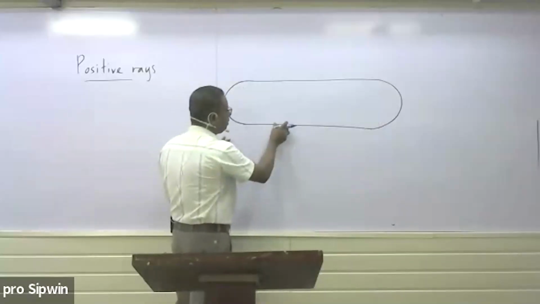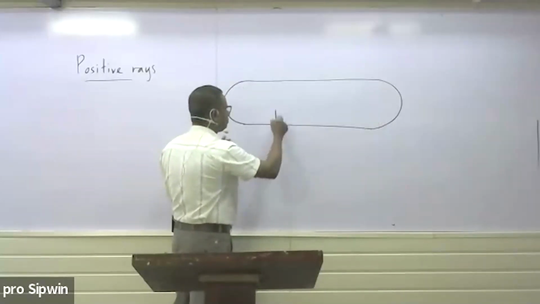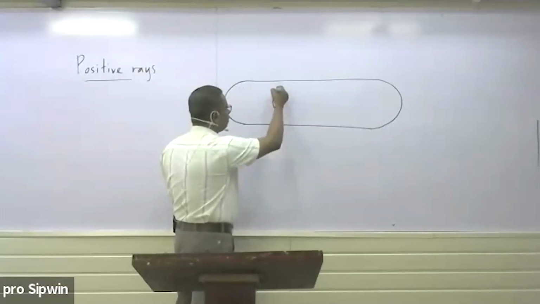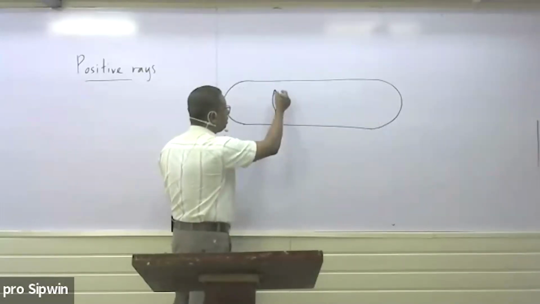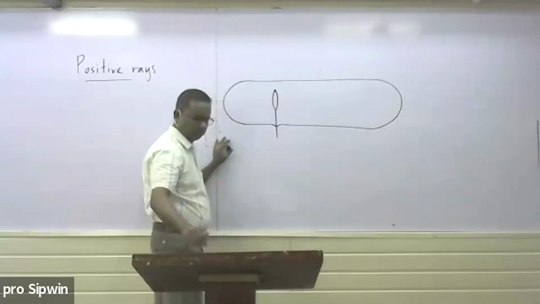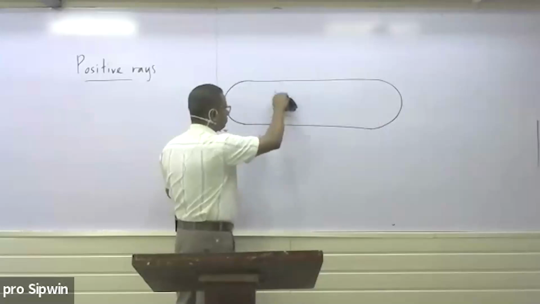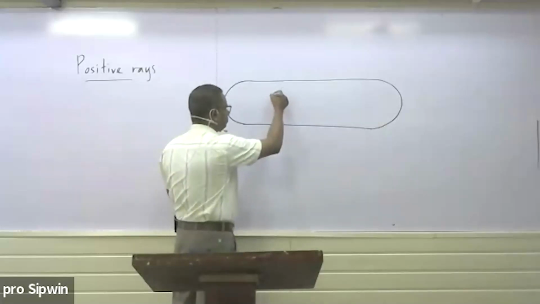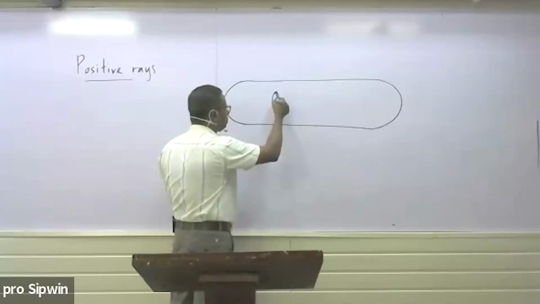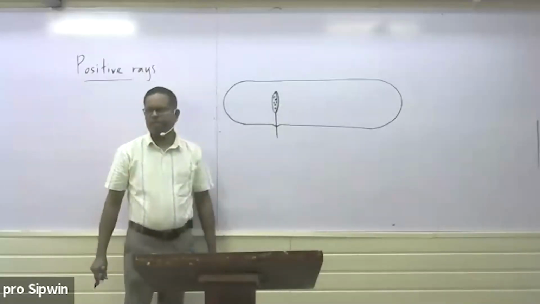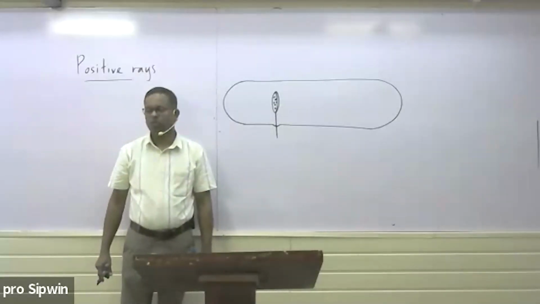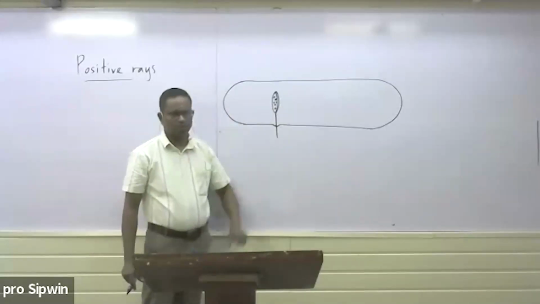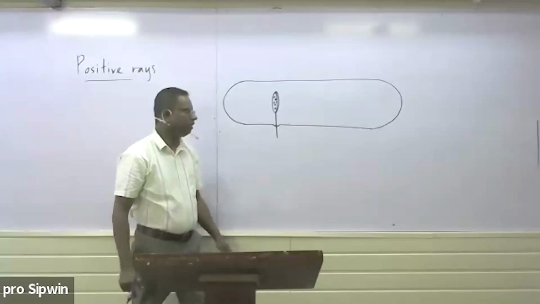Goldstein placed the cathode in this kind of place. I will draw that one three-dimensionally this way. He prepared it with some holes. Like this, a perforated cathode, some holes are there, and not in the usual way.